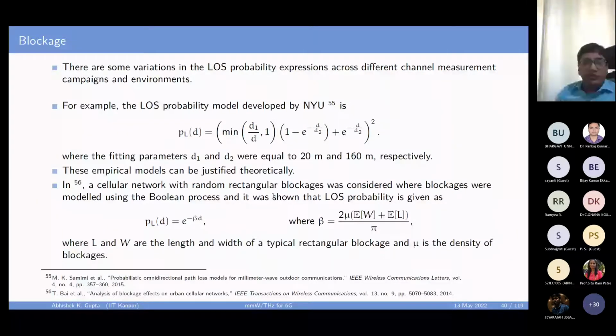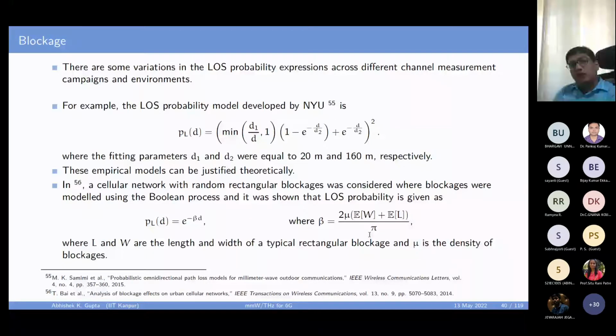Via the use of stochastic geometry and random shape theory, you can show that if you have a network with random rectangular blockages, then the probability that a link is blocked is given by e to the power minus beta D. D is the link distance, and beta is a parameter which depends on the average width and length of the buildings and the density, that is, how many blockages there are in a unit area.